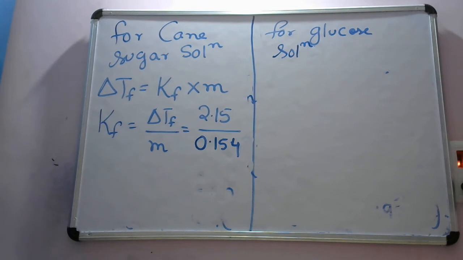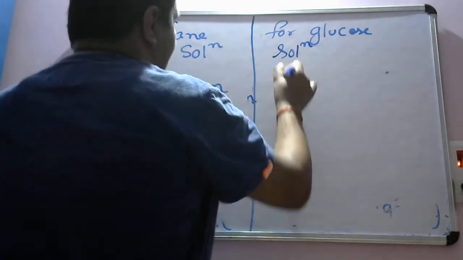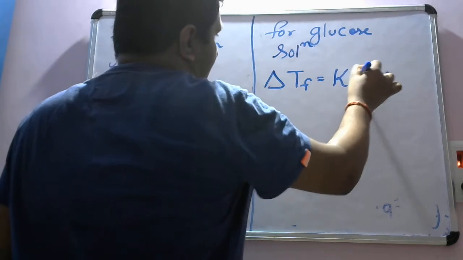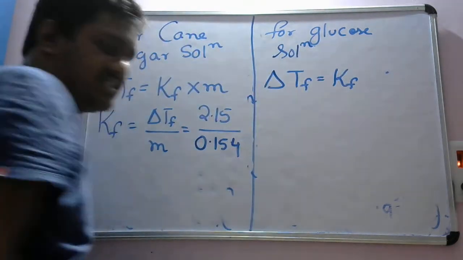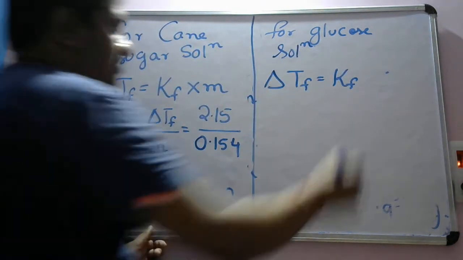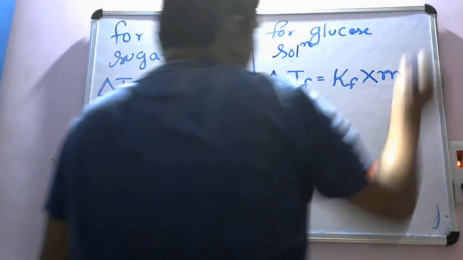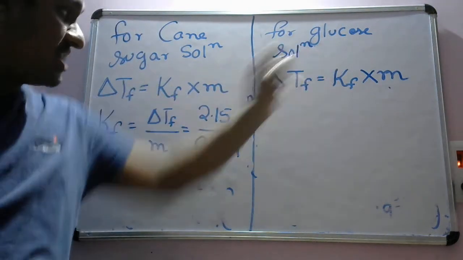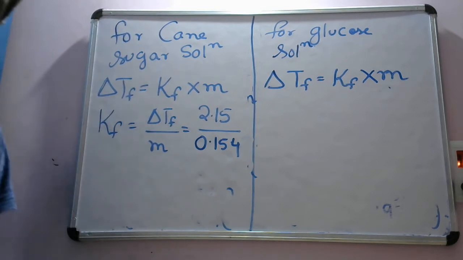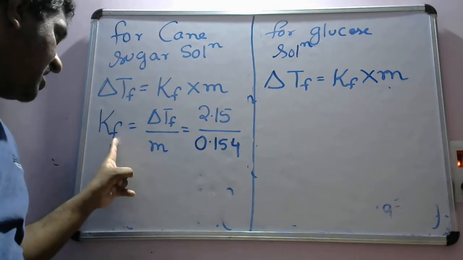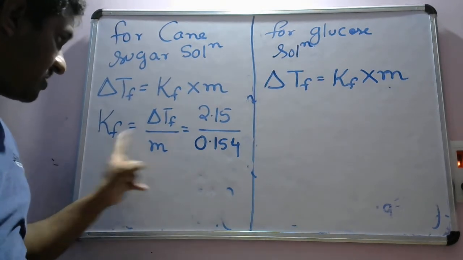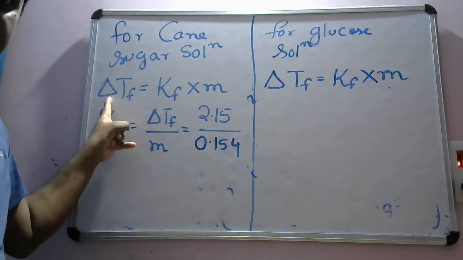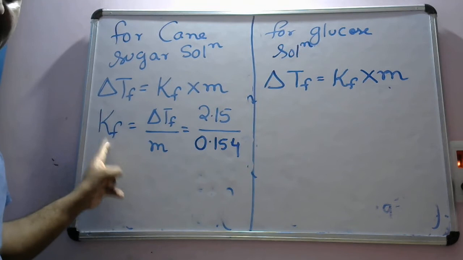How? Let us see. Here we will directly calculate for glucose solution. We can directly calculate the decrease in freezing point from the equation. Here m is the molality of the glucose solution because we are doing the glucose side now. This side calculation is over because we have found out Kf from the known data, and we calculated delta Tf. From that we calculated Kf.